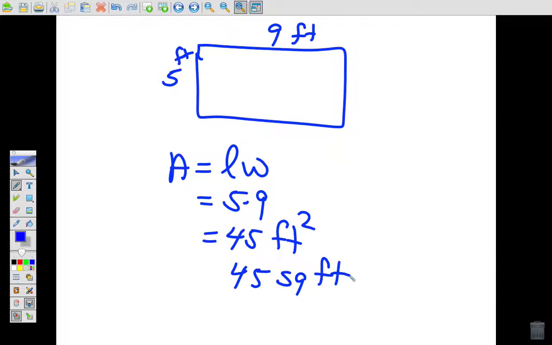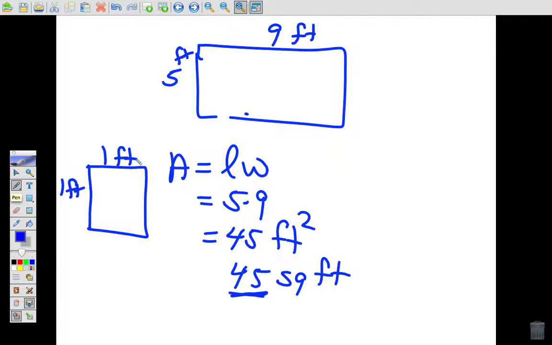You need to make sure you're clear what a square foot is. Our answer says we need 45 of those square feet to cover this rectangle. So what's a square foot? Well, a square foot, if this were drawn to scale, it's a square and it's 1 foot on each side.